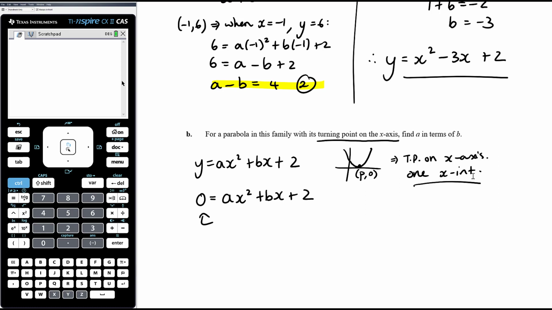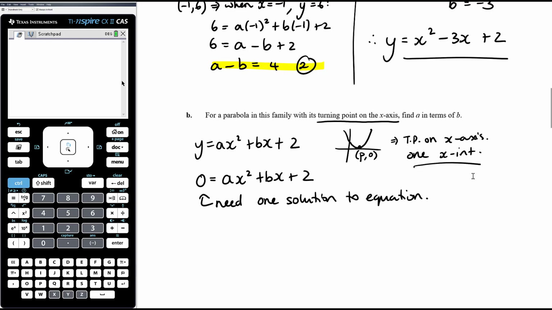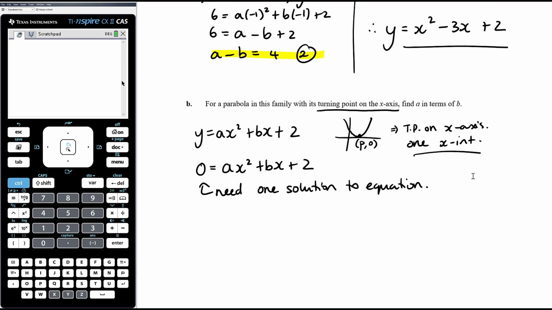And so that means we need one solution to this equation in order for there to be one x-intercept, which would mean that the turning point is on the x-axis. So one solution to a quadratic equation is all about when our discriminant is equal to 0. So let's think about the discriminant here.